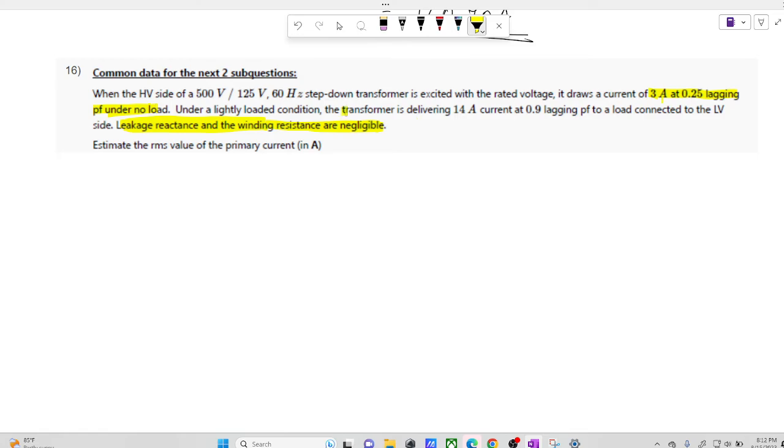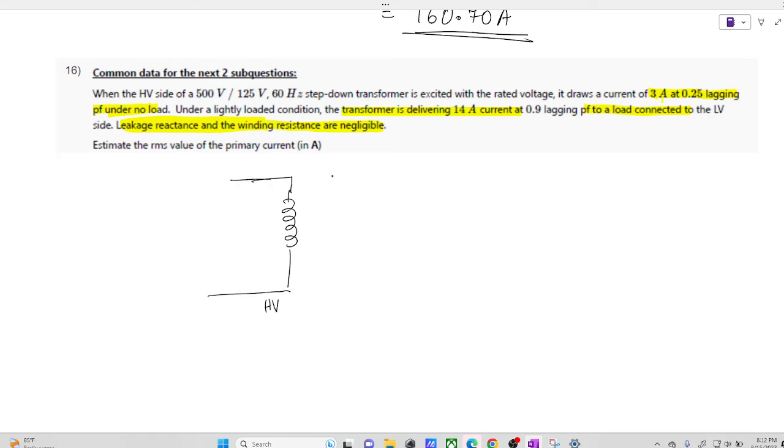Under lightly loaded condition, the transformer is delivering 14 ampere at 0.9 pf lag to the load connected to the low voltage side. What you have to do? The transformer is given like this. This is the high voltage side. This is the low voltage side.